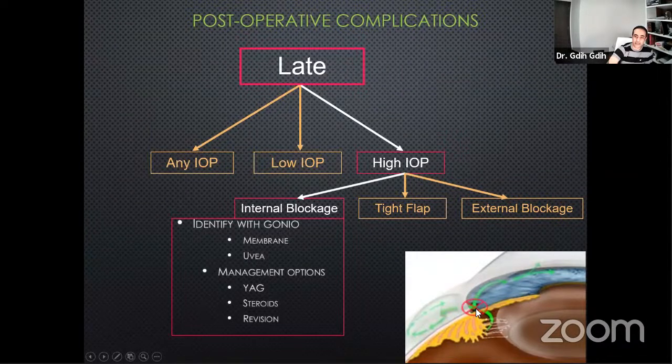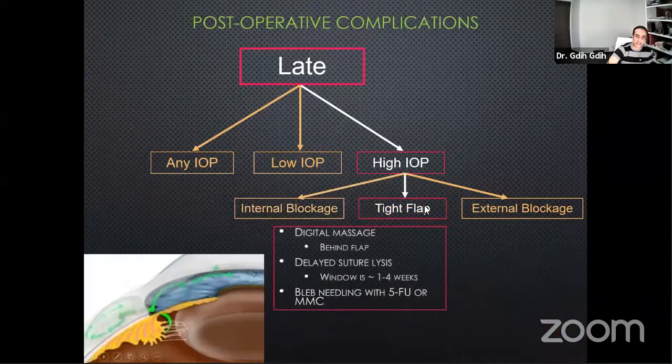If it is internal, like a blockage in the internal ostium, or if it is outside, like tightness around the flap, you can do a massage. A massage usually works within the first 1 to 4 weeks. After that, it's very hard to do a digital massage.